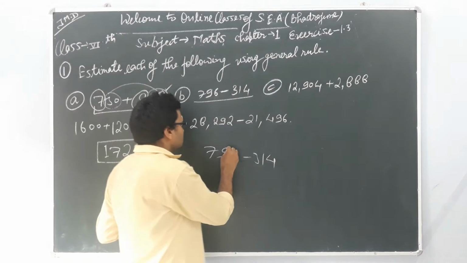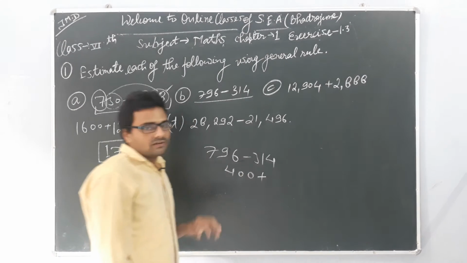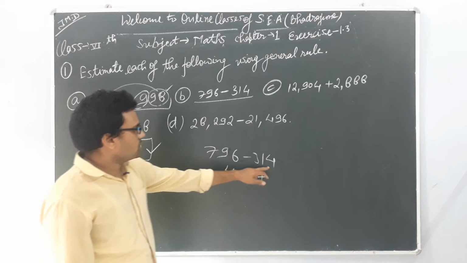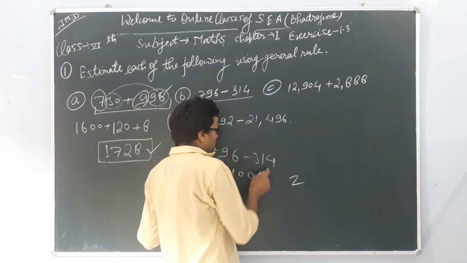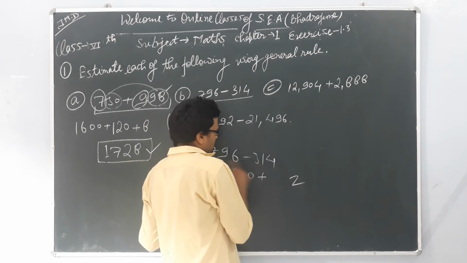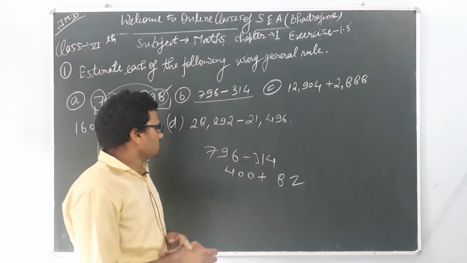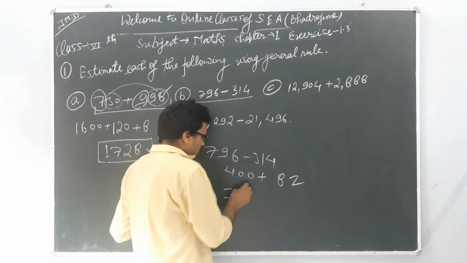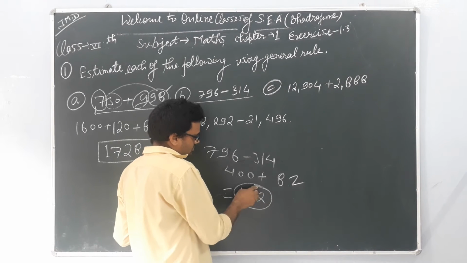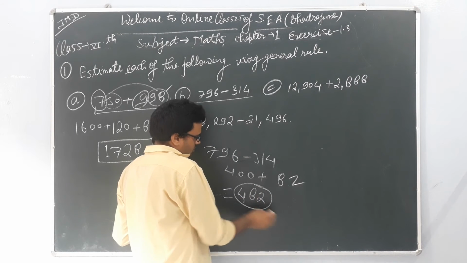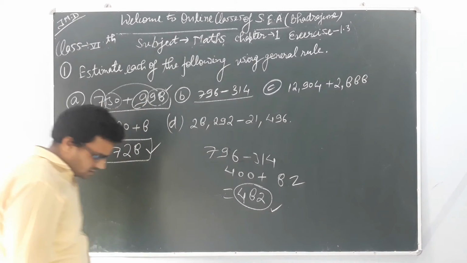After that we will subtract 14 from 96, then what we will get is 82. Now our answer is 482. Okay, so after this we will go for our part C.